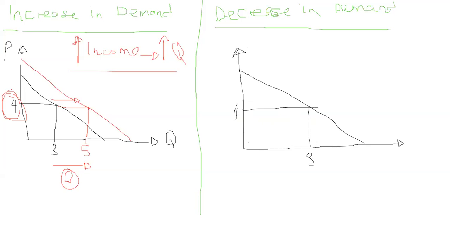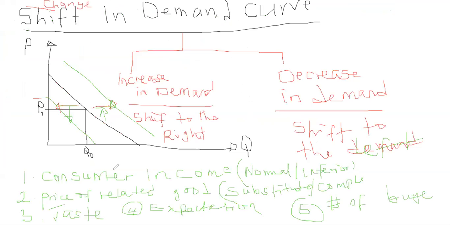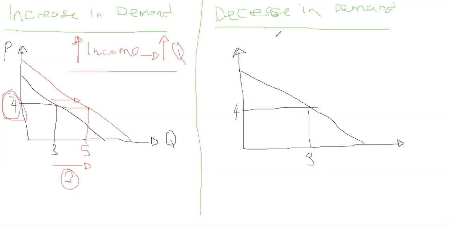Let's say that because of some of these factors, there is a change in them, and due to that demand decreases, then we will have a leftward shift in demand. So demand will decrease, it will shift inward. So we will have a new demand curve here at the same price. So this will be at the same price, but the quantity changes maybe to 2.